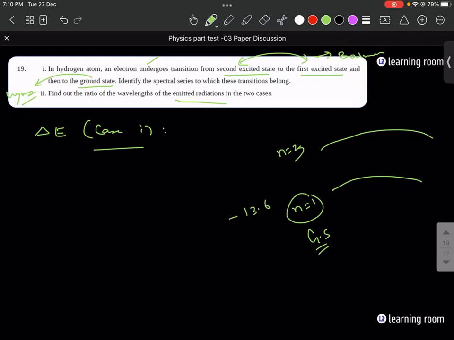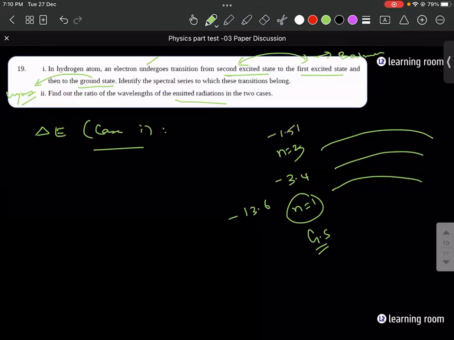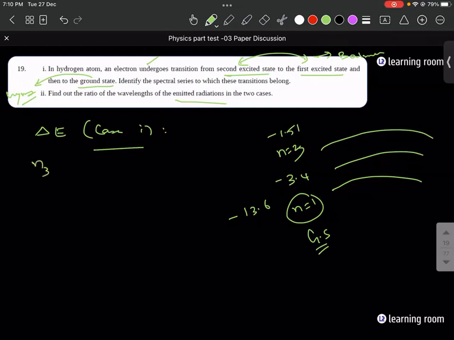What is the energy of ground state? Minus 13.6. What is the energy of first excited state? Minus 3.4. Correct. What is the energy of the third excited state? Minus 1.51. Correct. So case 1, it is taking place from N3 to N2.